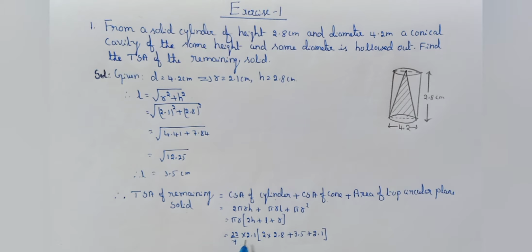Divide 2.1 by 7, it divides 0.3 times. So 22 into 0.3 is 6.6, into 2 into 2.8 is 5.6, plus 3.5 plus 2.1.